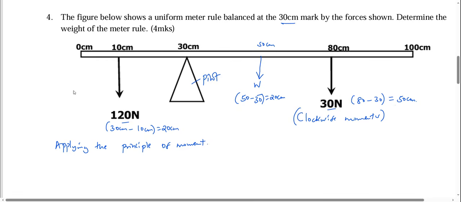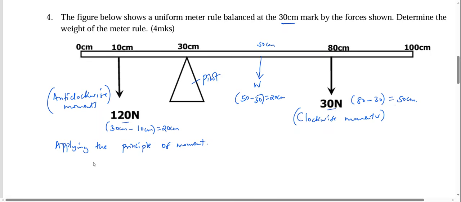Then on the left it gives us the anti-clockwise moments. Therefore, the principle of moments says for a system in equilibrium, the clockwise moments about a point is equal to the anti-clockwise moment about the same point.